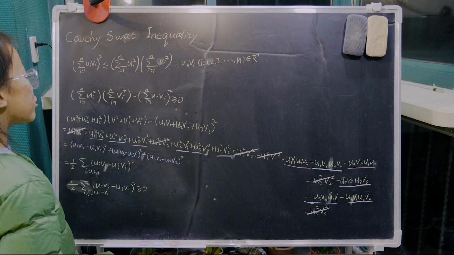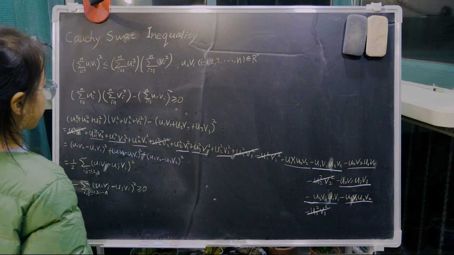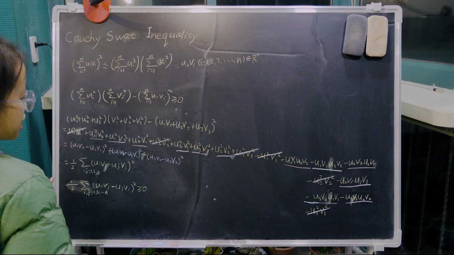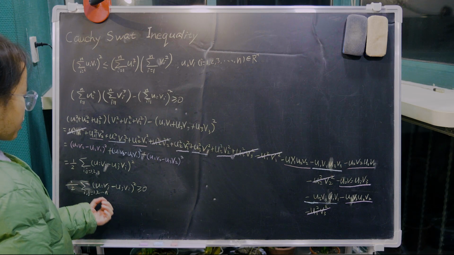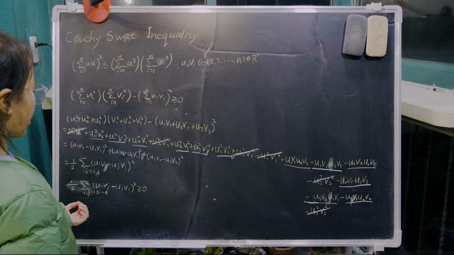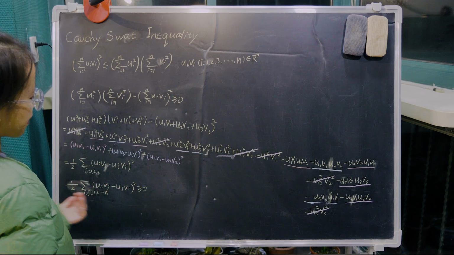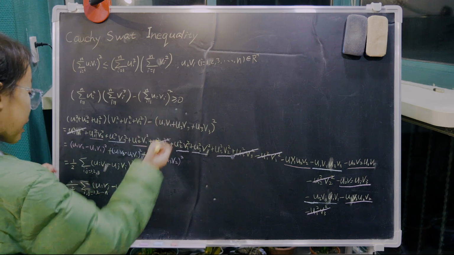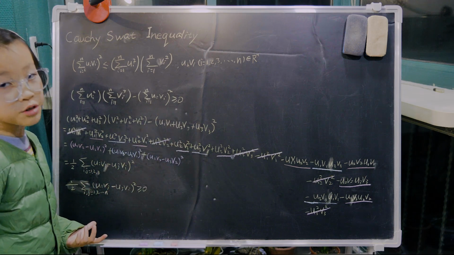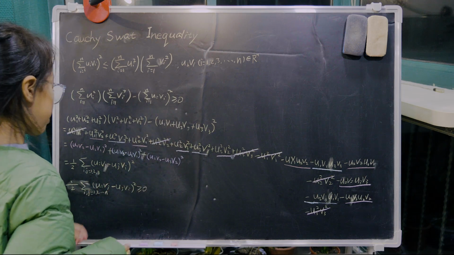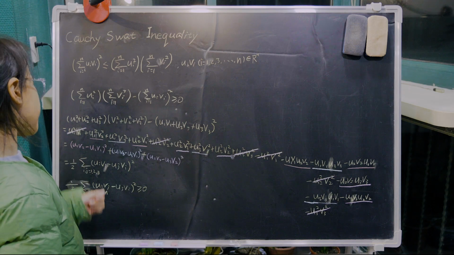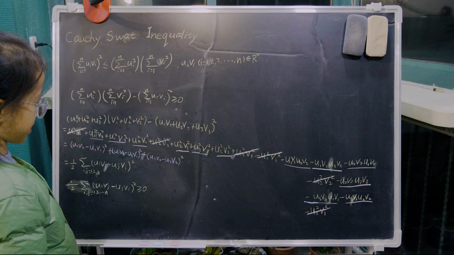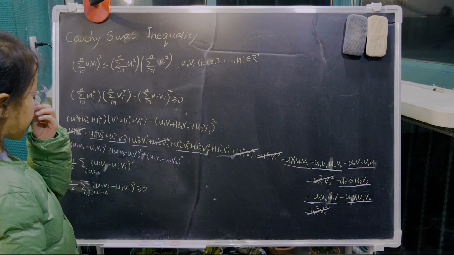But now the only problem is, how do you prove when both sides of the inequality are equal? Let me think. Every term is greater than or equal to 0, no negative. So the whole thing will be equal to 0 only if each term is equal to 0.